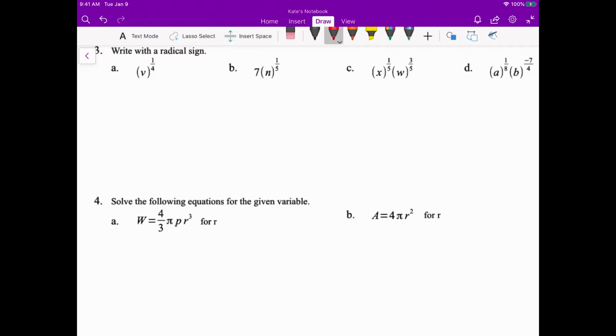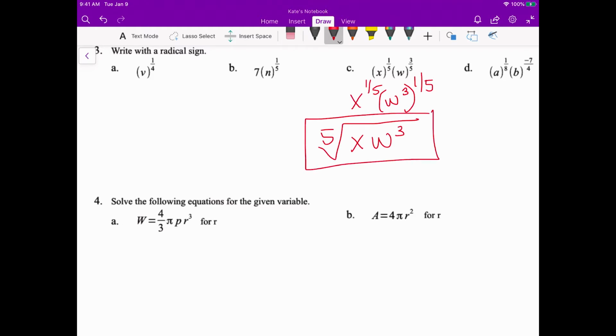So I have x to the 1/5, but I'm going to break up the 3/5 exponent on the w as w to the third to the 1/5. I can break that apart because 3 times 1/5 is still 3/5. But now both x and w to the third are to the 1/5, so I can use a fifth root of x times w to the third. And that would be our final answer.